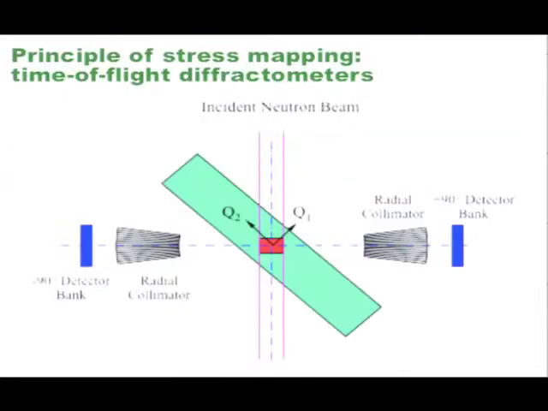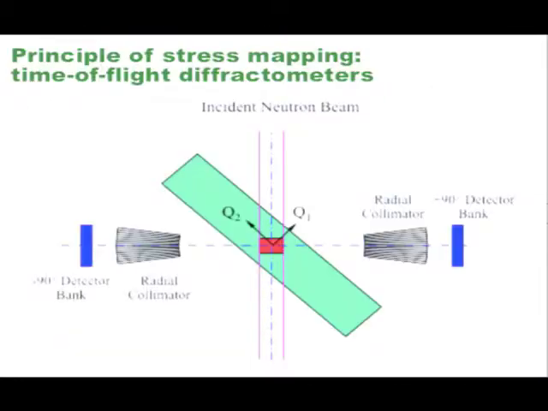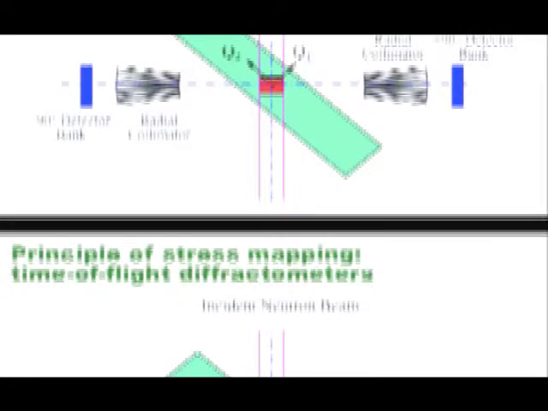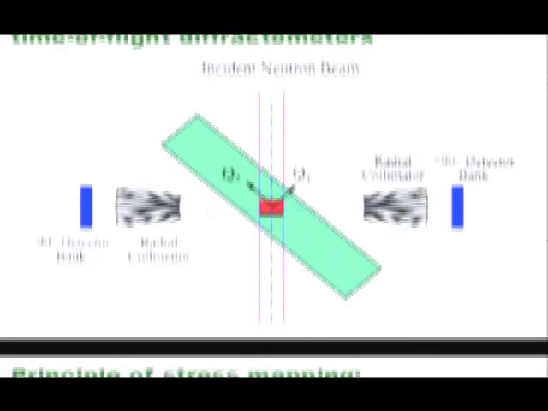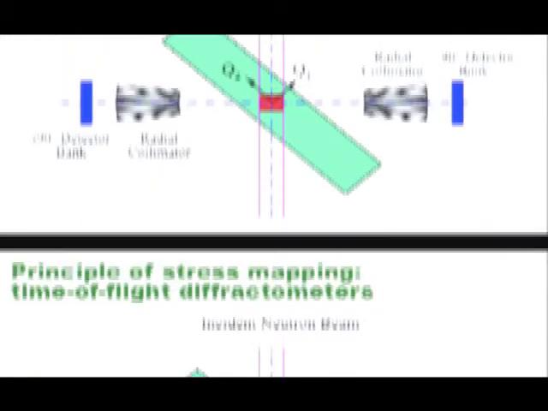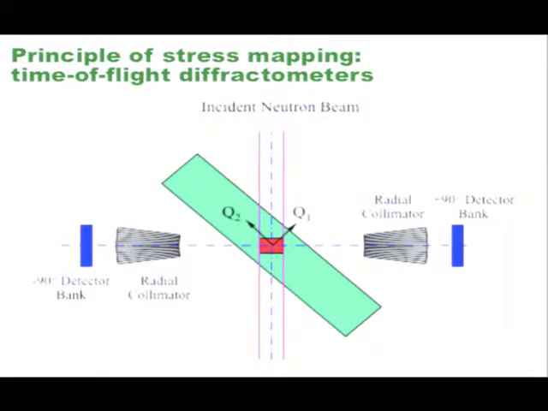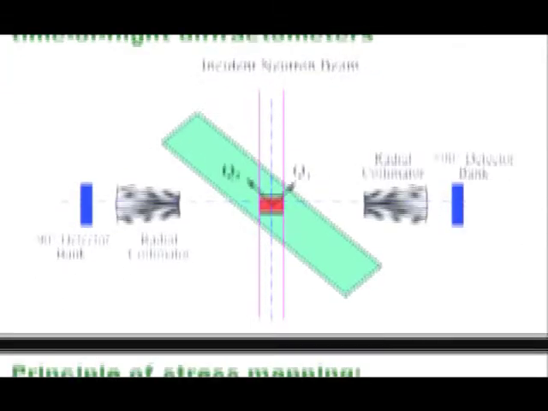But with time of flight, you don't really have this kind of focusing geometry. You can actually use detectors on both sides. So the geometry is slightly different, but in the end, the effect is the same. Essentially, you define a scattering volume that is fixed in real space, and you put the sample on a translation stage.